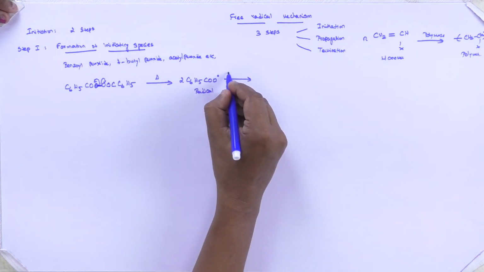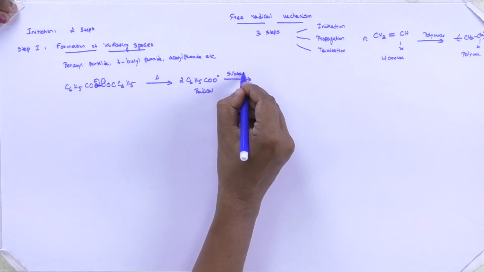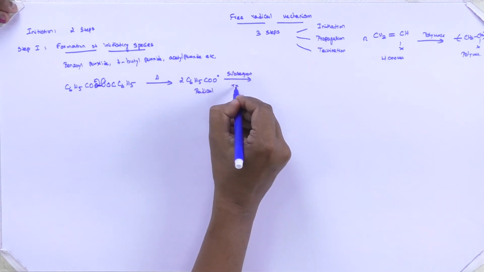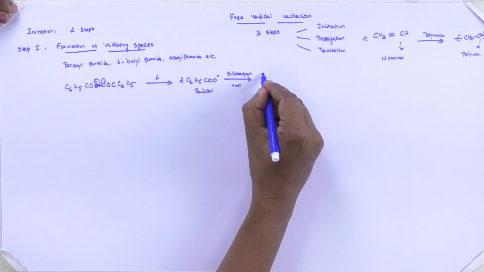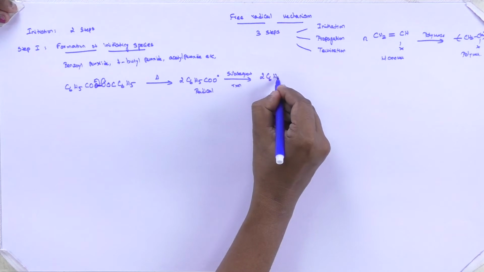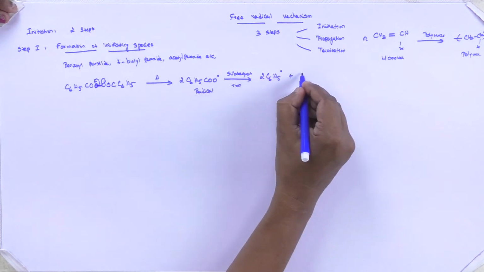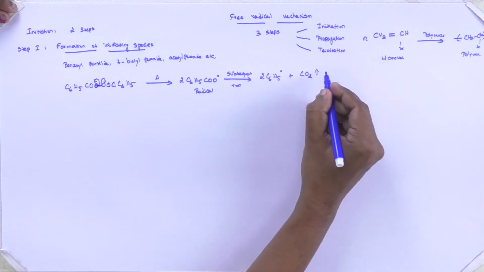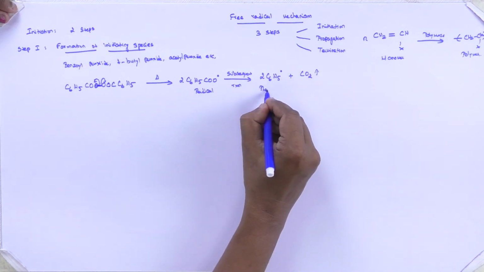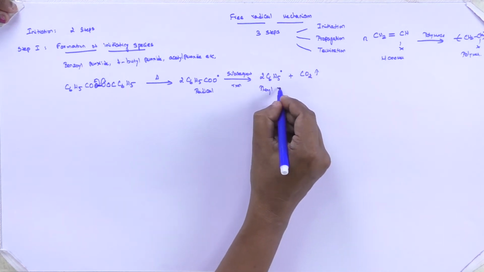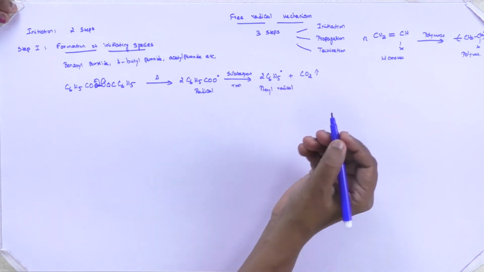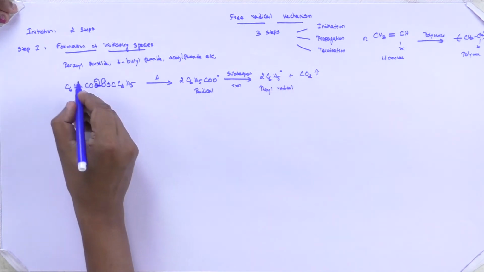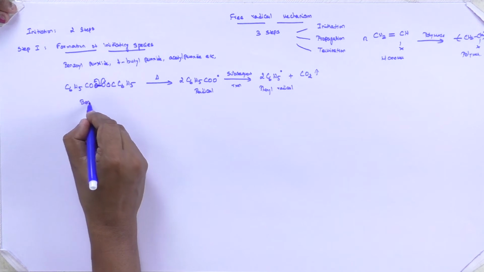The subsequent reaction is the formation of the phenyl radical, 2C6H5 plus CO2. Carbon dioxide is released and you have the phenyl radical as the initiating species. So, this is what happens with benzoyl peroxide.